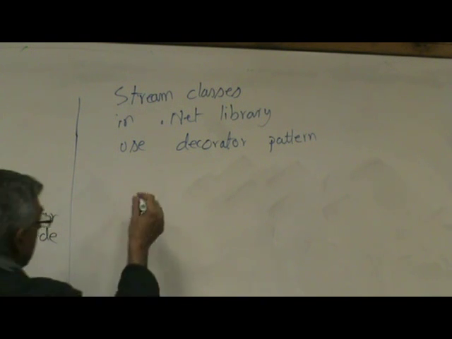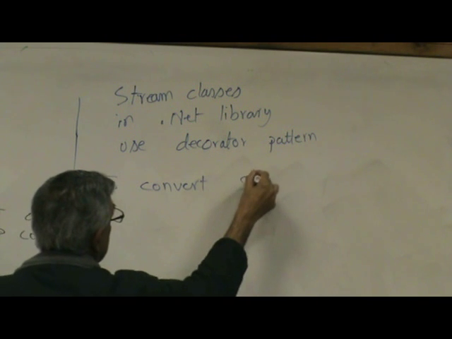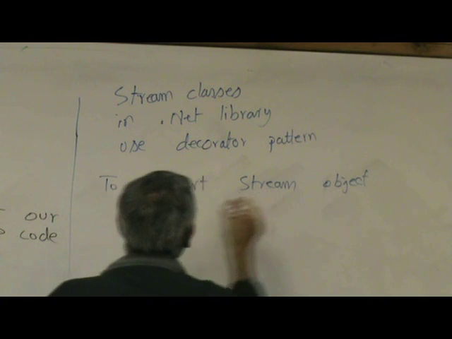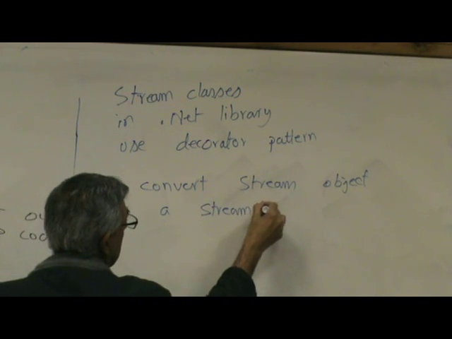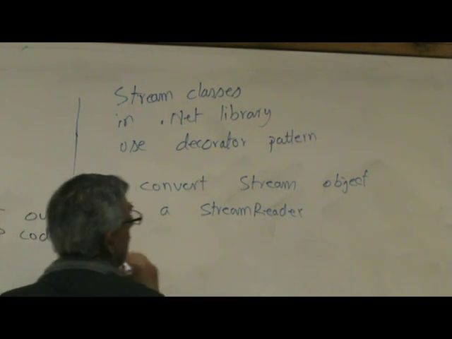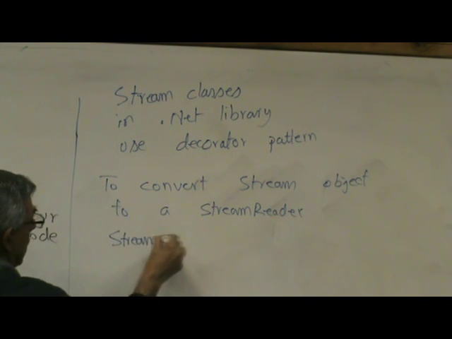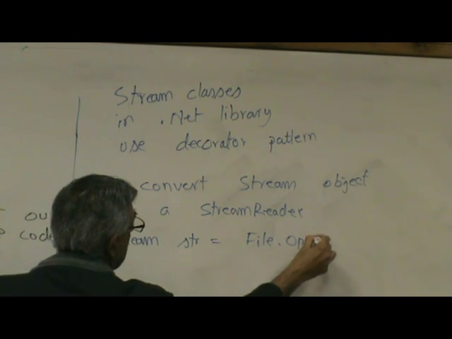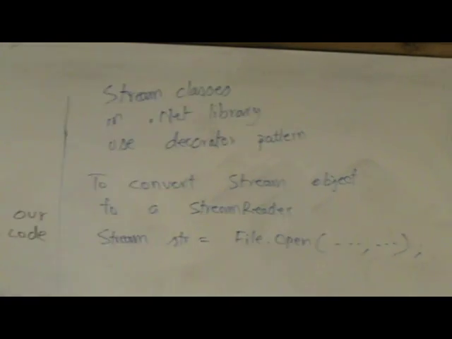So for example, let's say to convert a stream object to a StreamReader object, okay, we'll simply pass one in the constructor of the other. So for example, let's say you already have Stream str equal to file.Open, whatever parameters you picked, right?